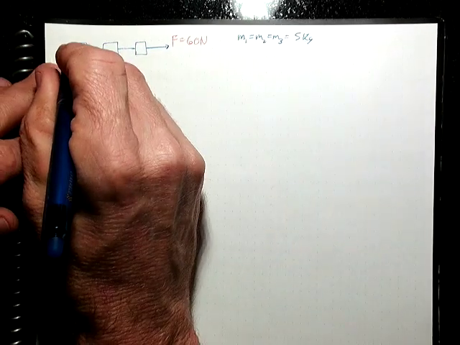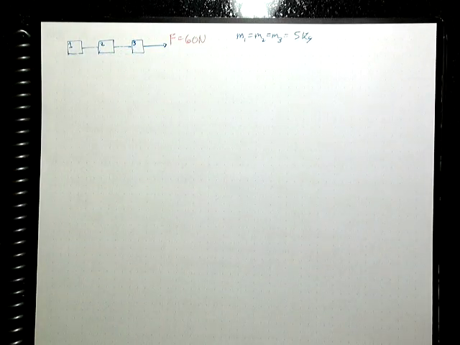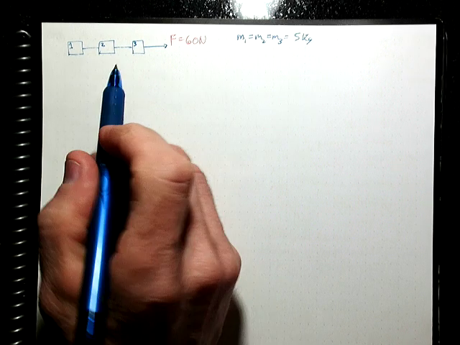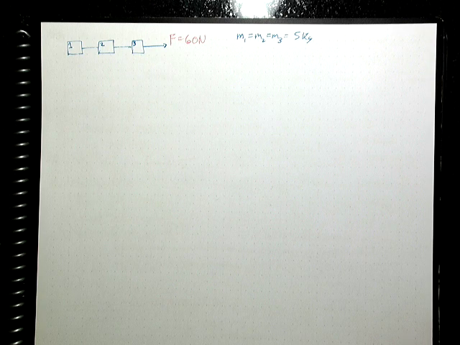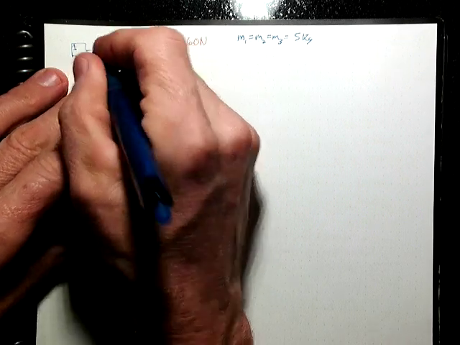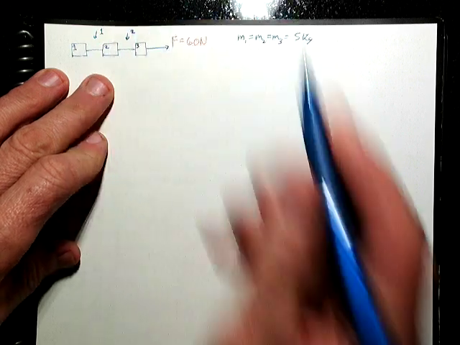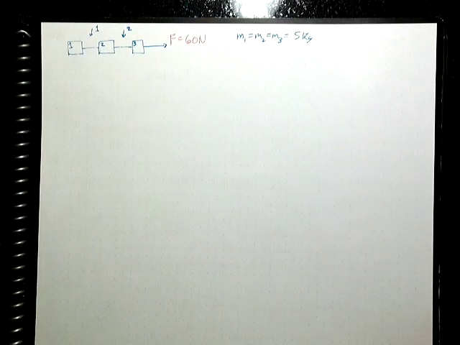Okay, so box 1, box 2, box 3 is what I'm going to call them. And you were asked to determine and show what the tension in the ropes in between the boxes are. So I'm going to call this rope 2 and I'm going to call this rope 1. Call it whatever you want, but that's what I'm going to choose to do.